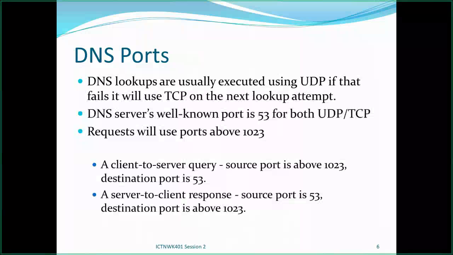So if communication fails in the first attempt, so when you try to do a DNS lookup and it doesn't get a response using UDP, it will attempt to translate again, but this time using TCP. Okay. Now, the destination, the server will run on port 53, and your requests are generally running on ports above 1024.